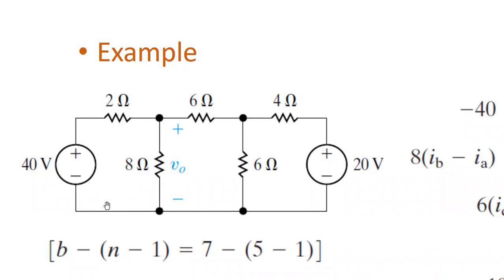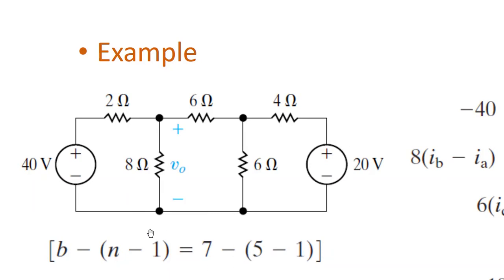And if we calculate the nodes, here we have 1, 2, 3, 4, and the lower one is 5. So the total nodes will be 5. And 7 minus (5 minus 1), 5 minus 1 is 4, and 7 minus 4 will be 3. So I can solve this using mesh analysis with 3 equations.